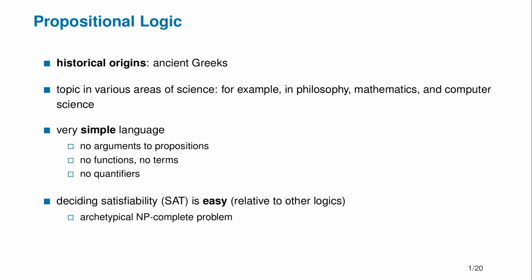If we have a propositional formula which contains n variables, then it's not so hard to see that such a formula has 2 to the power of n potential solutions.